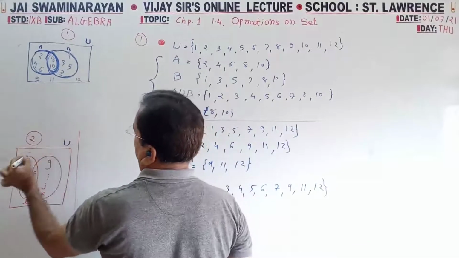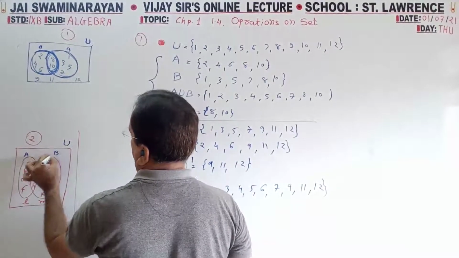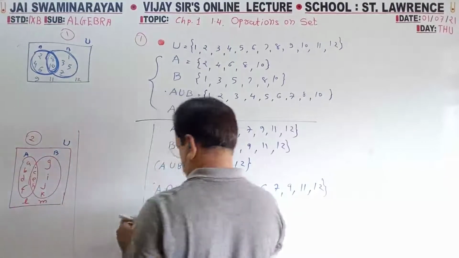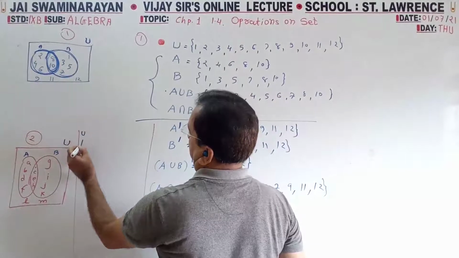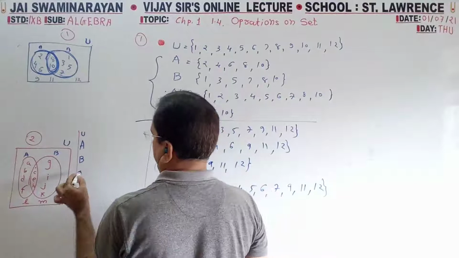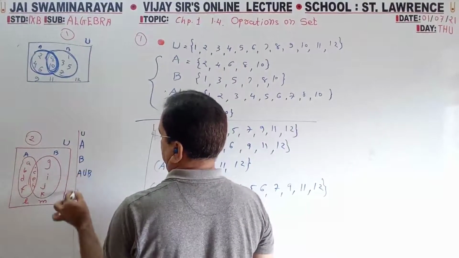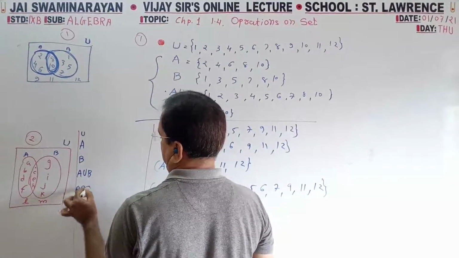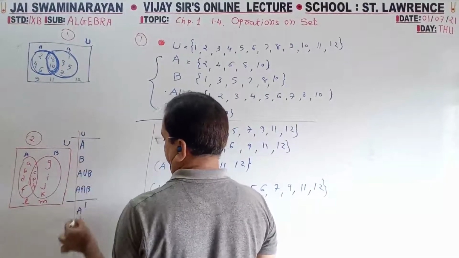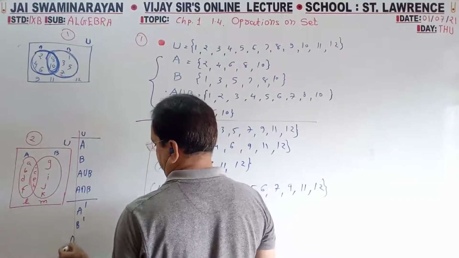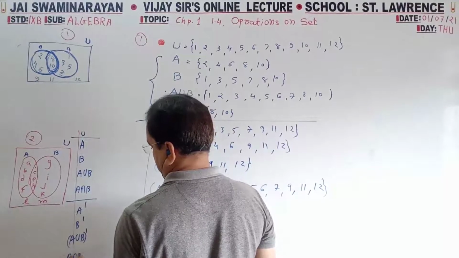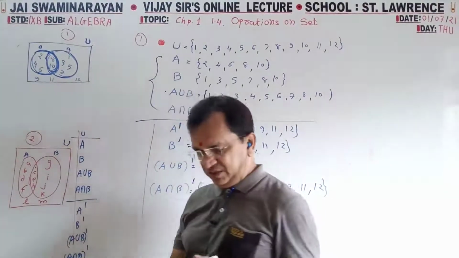This is the universal, this is only A, this is only B, this one is A intersection B. Start with the universal, then A, then B, then A union B, then A intersection B. From these four, and again four: A complement, B complement, A union B complement.